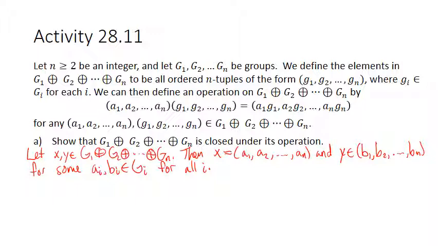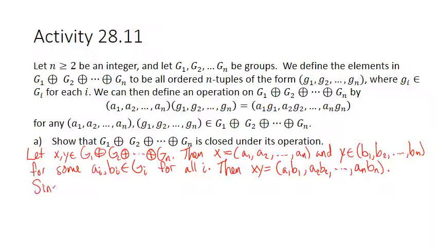Okay, so then what happens when we multiply them together? So if we do x times y, this is going to equal a1b1, comma, a2b2, comma, dot dot dot, all the way up through anbn. Okay, and then how are we going to show that this is actually still in the external direct product?